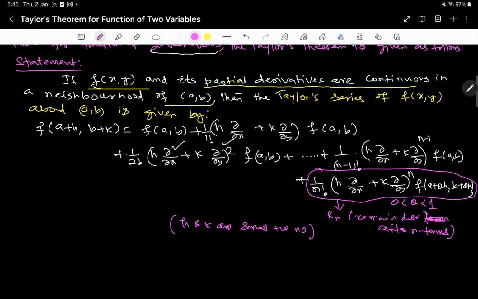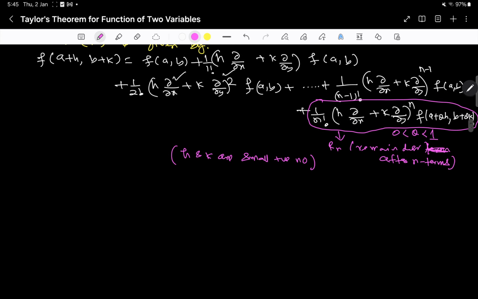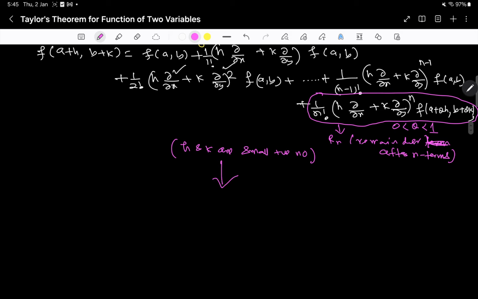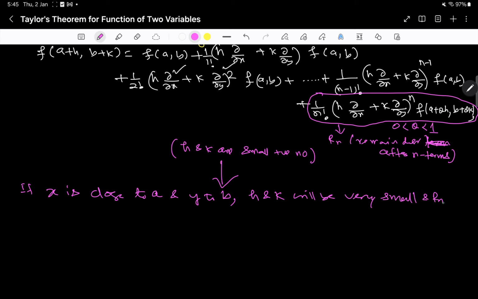Now you see, if x is close to a and y to b, h and k will be very small, and R n tends to 0 as n tends to infinity.